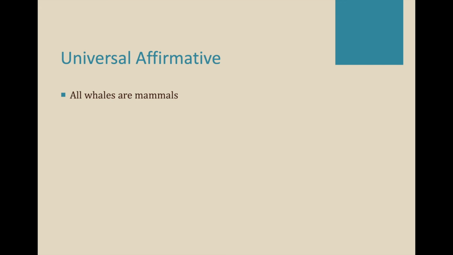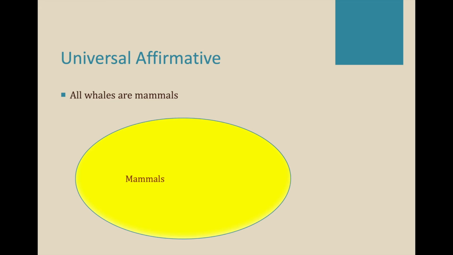So here are some examples. Here's a universal affirmative statement. All whales are mammals. Sometimes the visual helps you to imagine what the categorical relationship is. We have the category of mammals here represented in yellow, and then we have the category of whales, and we note that the entire category of whales is included in the larger category of mammals, because it's a universal affirmative.